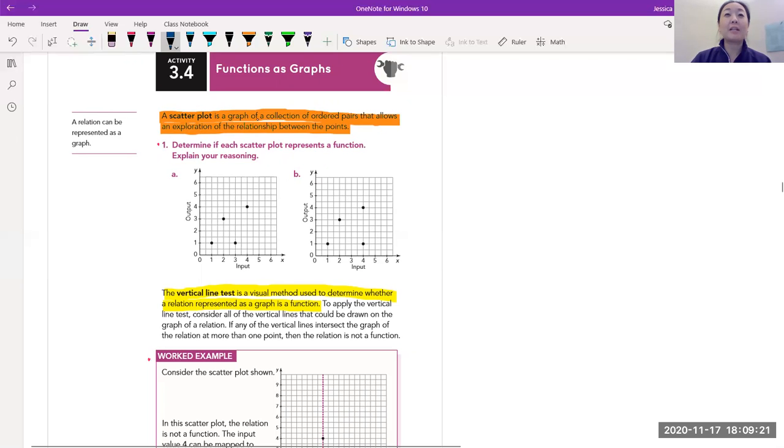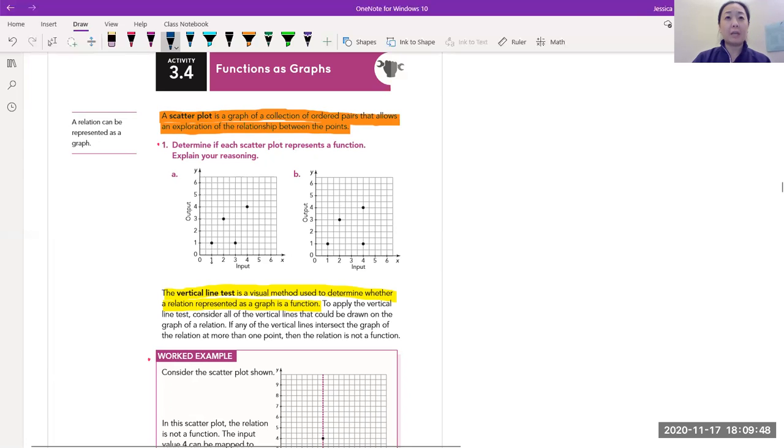All right, so a scatter plot is a graph of a collection of ordered pairs, so points, right, that allows an exploration of the relationship between the points. Usually we talk about correlation with scatter plots, right? Does it have a positive correlation, a negative correlation, or no correlation? So these are two examples of that. It says, determine if each scatter plot represents a function, and explain your reasoning.